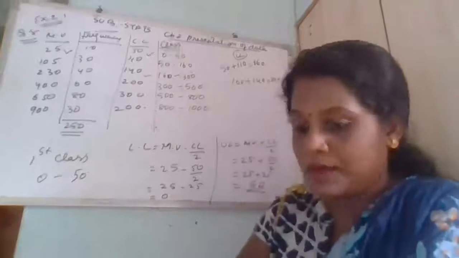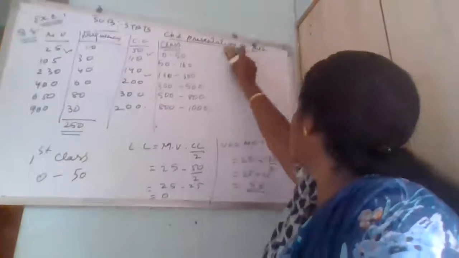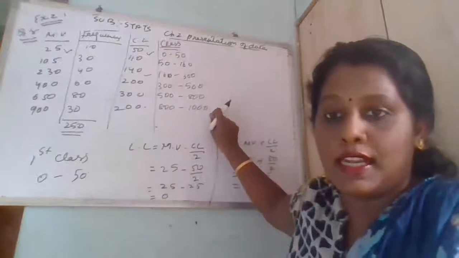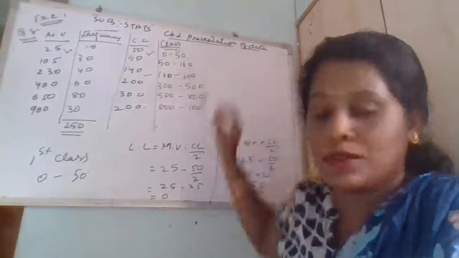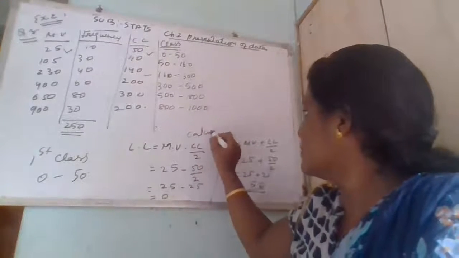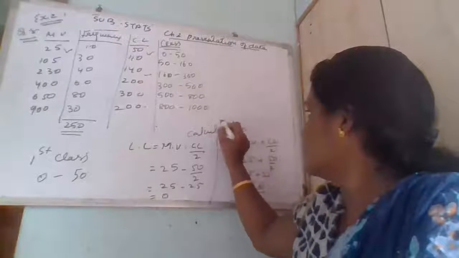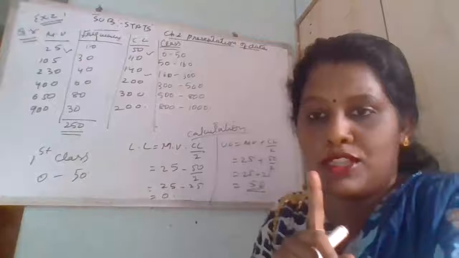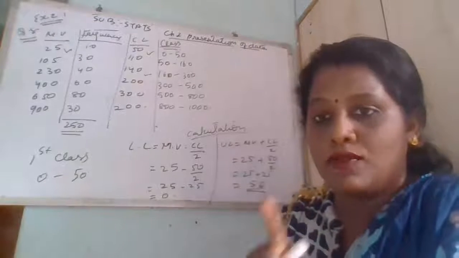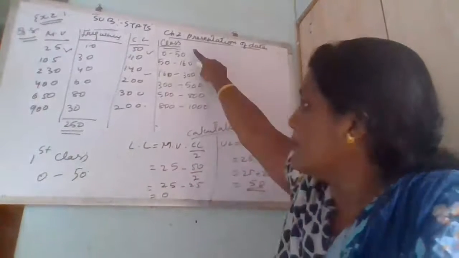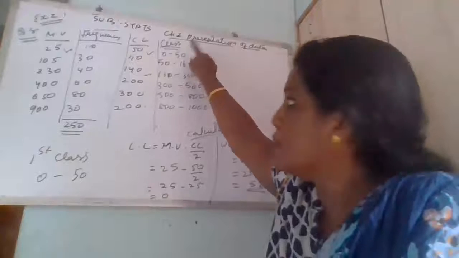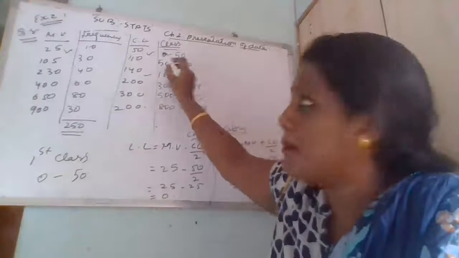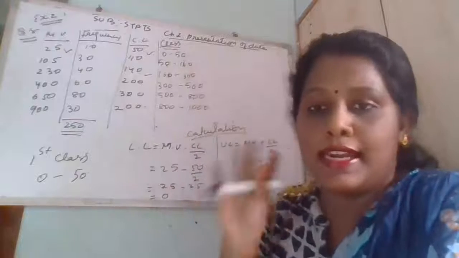So this is the way you have to find your class. First we showed the calculation for the first class. After finding the first class, 0 to 50, you repeat 50 here, and then keep adding the class lengths one by one.